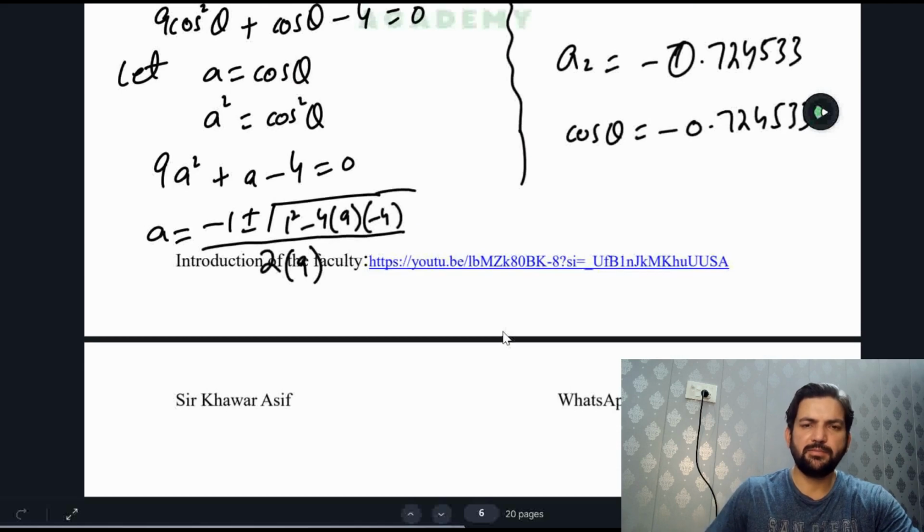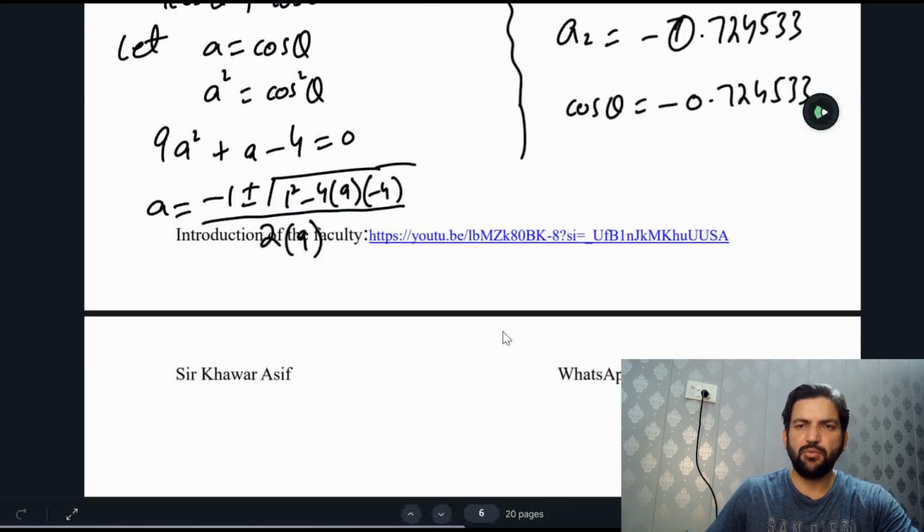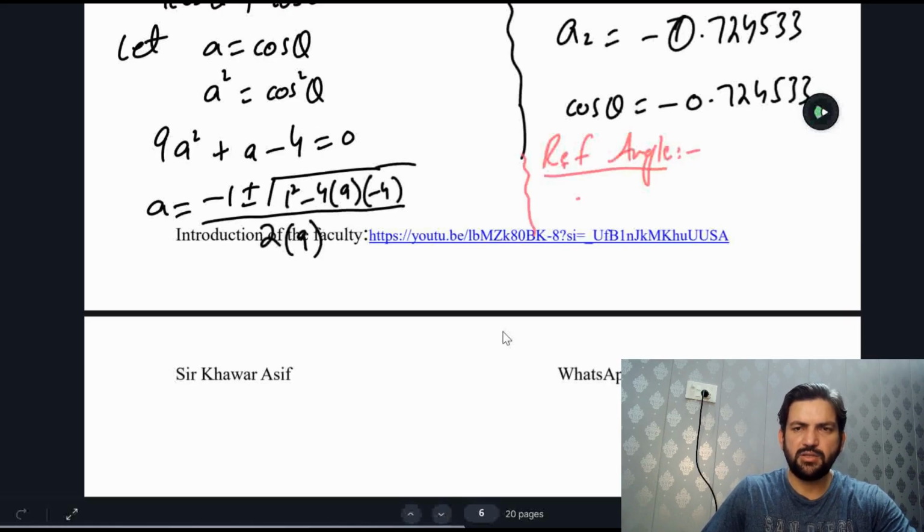For the other one, first of all we have to find the reference angle again. Here the reference angle will be theta equals cos inverse of 0.724533.